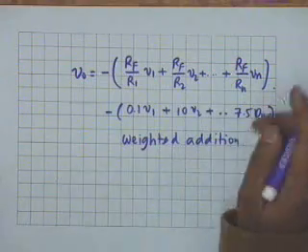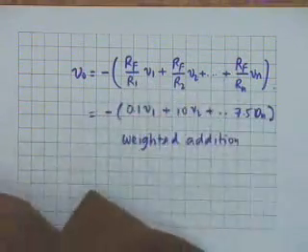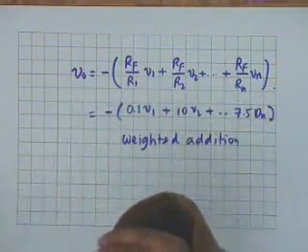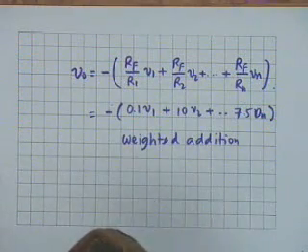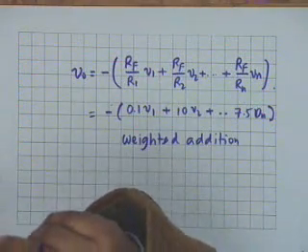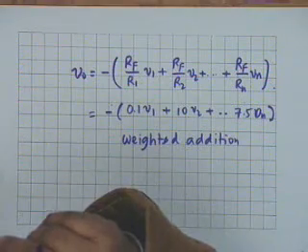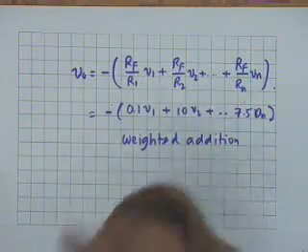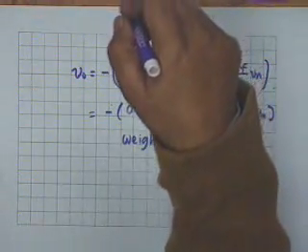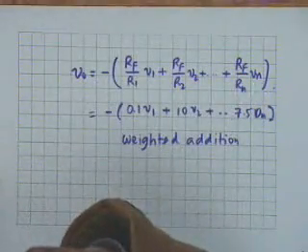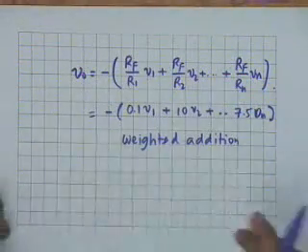Now, suppose we do not want this negative sign, we want an addition with a plus sign. What is it that we can do? You can use the non-inverting terminal. Yes, you can do that.